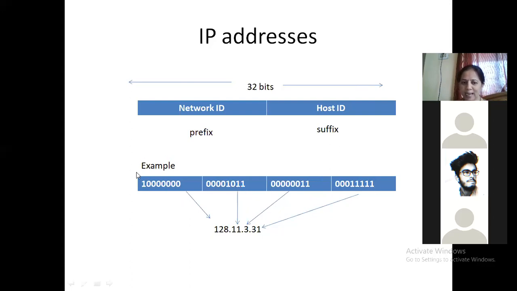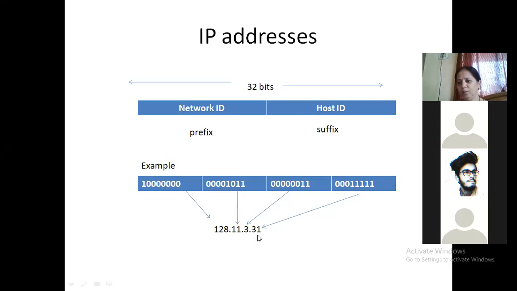Now, if you are thinking in binary, this 8 bits has a corresponding decimal value of 128. Second part, its corresponding value is 11. Third part, its corresponding value is 3. And the fourth part, its corresponding decimal value. For every binary value, there is a corresponding decimal value. That is 31.